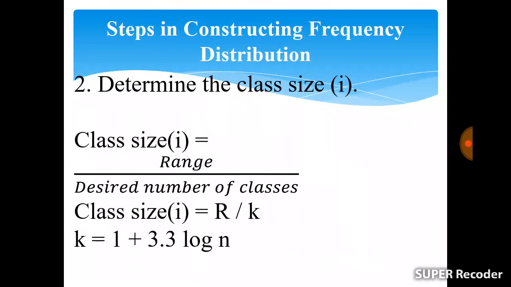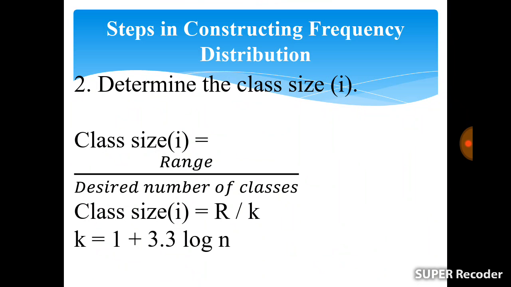So if we're going to determine the class size, the class size that we computed a while ago was just an easy part. To determine the class size, we have to use this formula: class size i is equal to the range over the desired number of classes, which is equal to k.